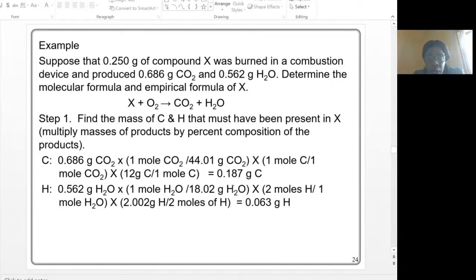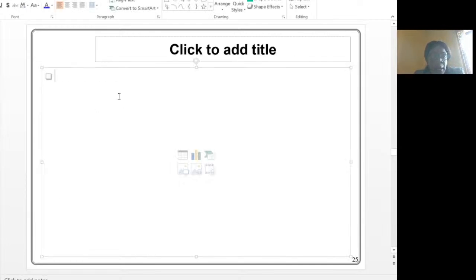There are 2 moles of hydrogen in 1 mole of water. And the mass of those hydrogen is 2.00 gram per mole. That will give you the mass of 0.063 grams.